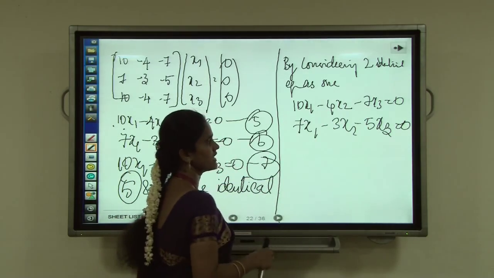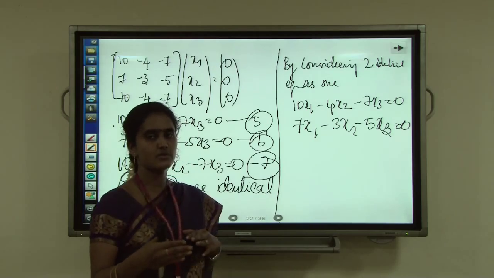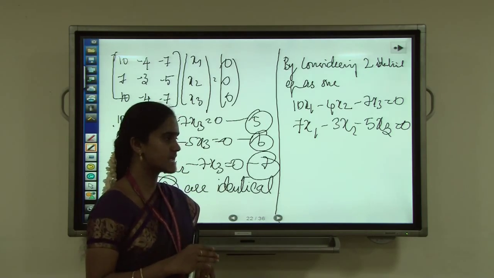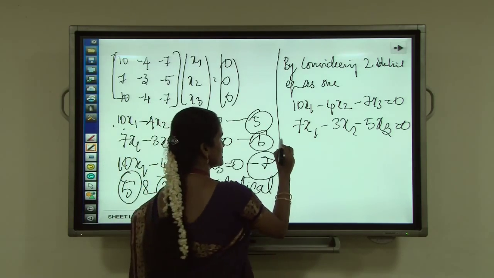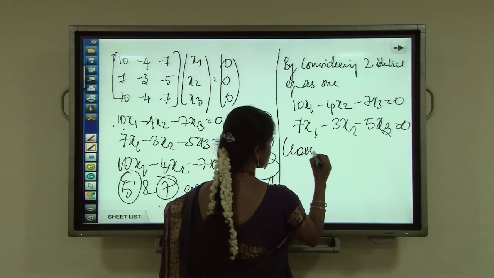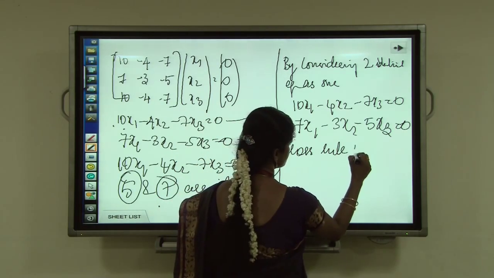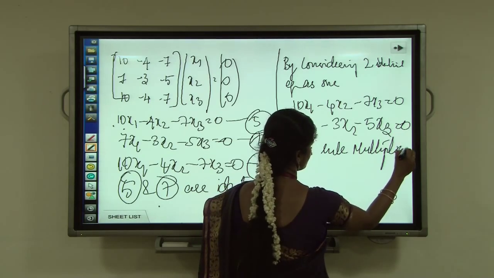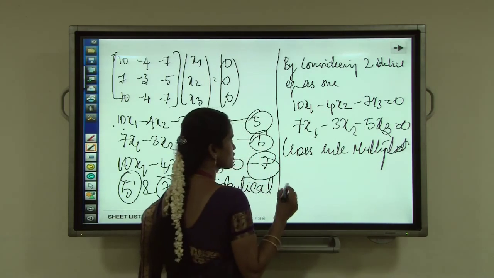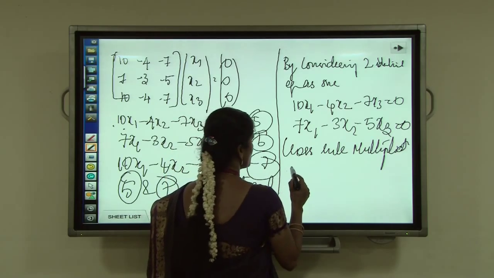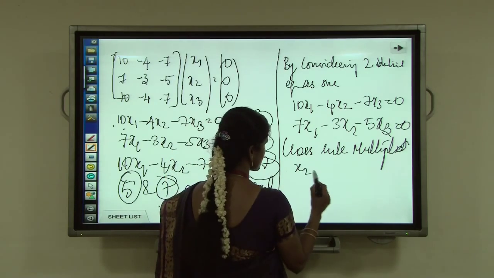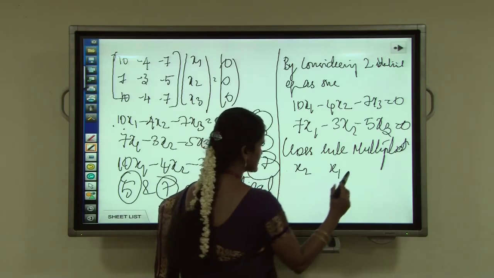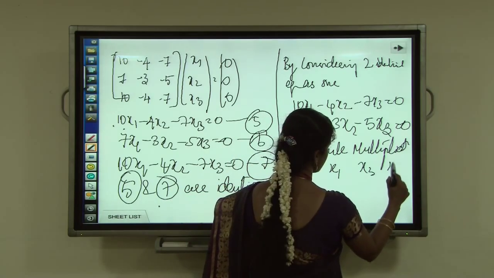If any one of the variables is 0, then we can equate one with the other. Here in this case it is not possible. Again we are going to apply the cross rule multiplication. Now as we consider these two equations for cross rule multiplication, we start with the coefficients of x2, x1, x3 and again x2.